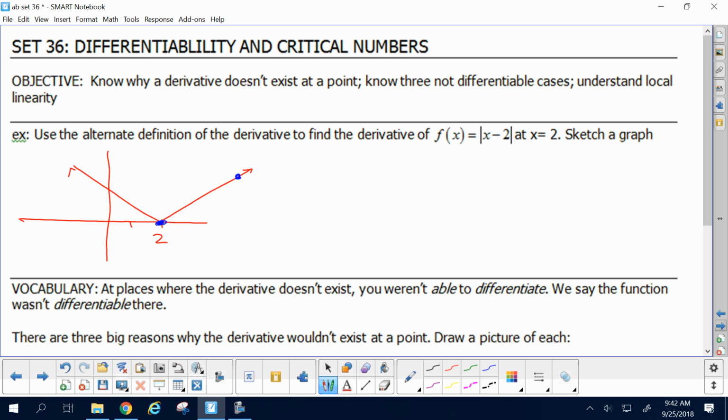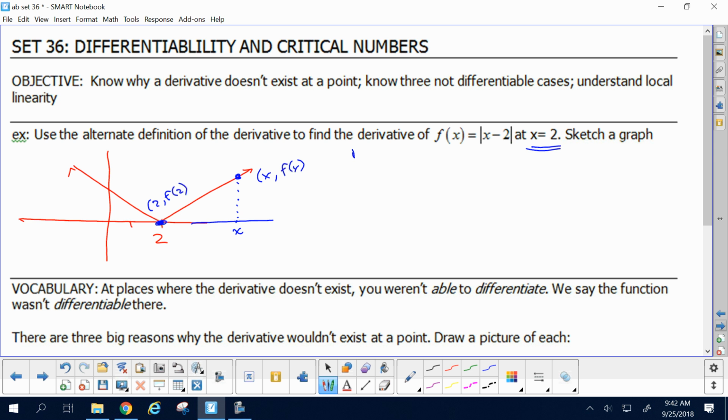Yeah. In the alternate definition, you let one of the points be the point at which you want the derivative, so in this case 2, and then you let x equal any other point on the curve. Then I could find the slope by taking this point then is x, f of x, right? And this point is 2, f of 2. So how could I express the slope between those 2 points?